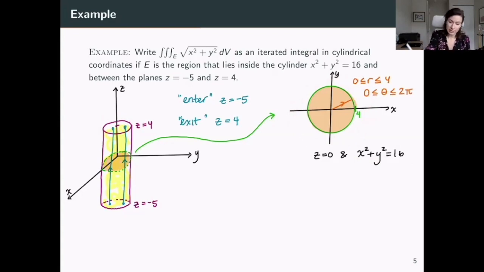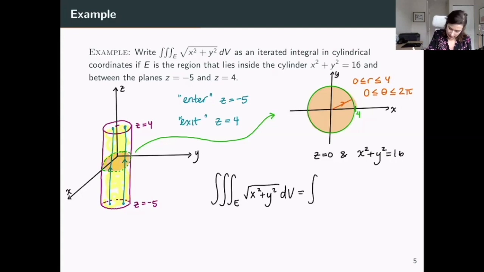So if we want to set up our iterated integral, or triple integral originally here, x squared plus y squared and dv, we're going to need to set this up in terms of our polar coordinates for the xy plane.